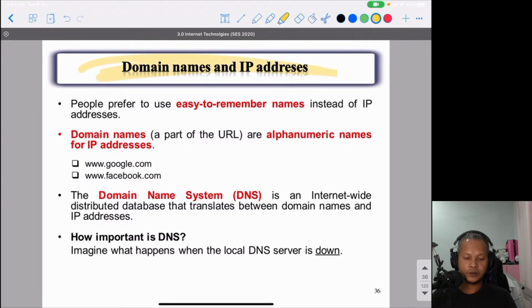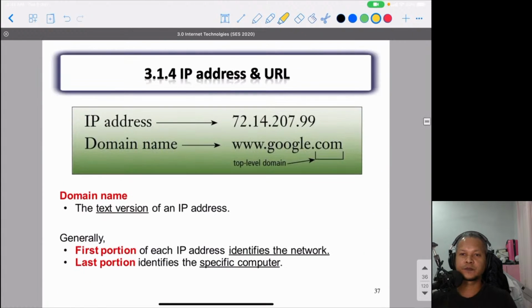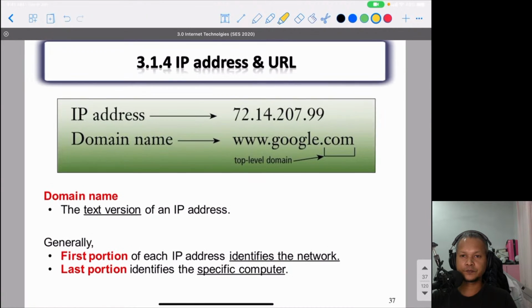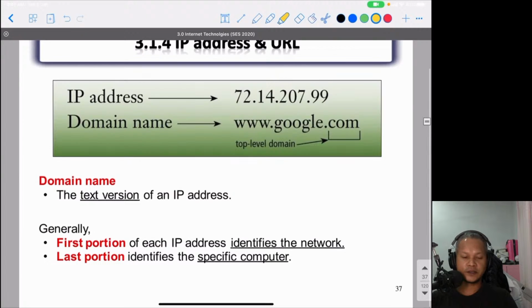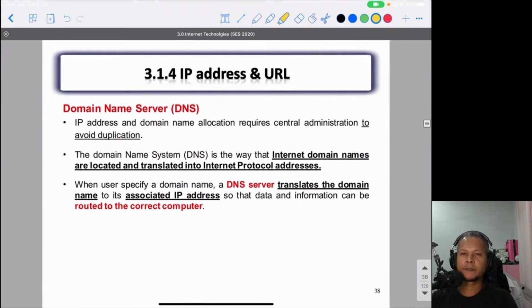You need to know the domain name, such as google.com or facebook.com. Okay, domain name DNS, domain name system, not server, domain name system. Okay, hopefully you are not confused. This one is an example. Okay, IP address and a URL.